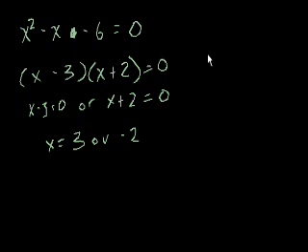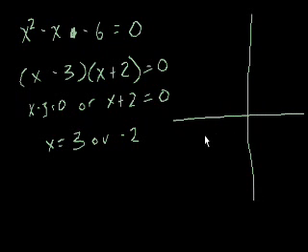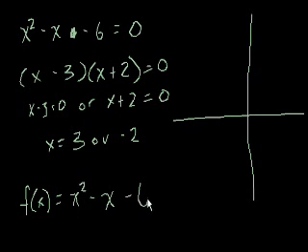And a graphical representation of this would be if I had, this is my very badly drawn graph, the function f of x is equal to x squared minus x minus 6. So this axis is the f of x axis. You might be more familiar with the y-axis, and for the purpose of this type of problem, it doesn't matter. And this is the x-axis.